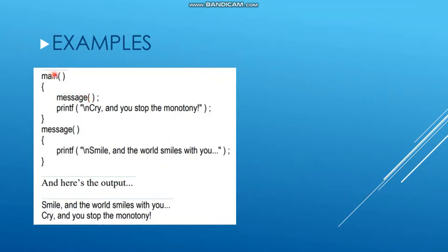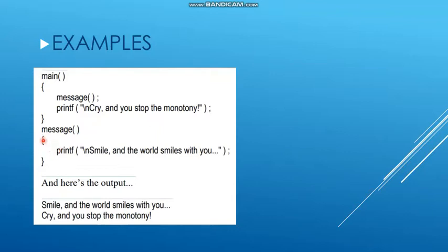Main has been started, then this line has been executed, and on executing this line we have moved from here to here. Then we go inside this message function, and we see what all the statements are here. Then we find this printf statement, and we print this statement. If we found a scanf statement or any other statement, we would have executed that statement.